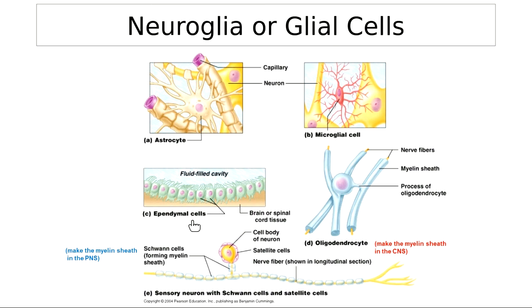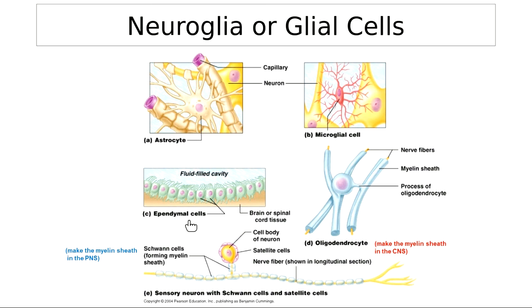Remember, cilia is for movement, so that's going to require ATP, and those are microtubules embedded in the cell membrane that require ATP for movement. Or microvilli, where the cell membrane is folded into little finger-like folds for secretion of cerebrospinal fluid. This depends on the location. So these ependymal cells can have cilia or microvilli, depending on where they're located.